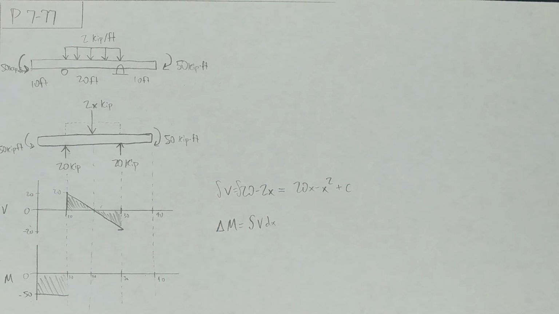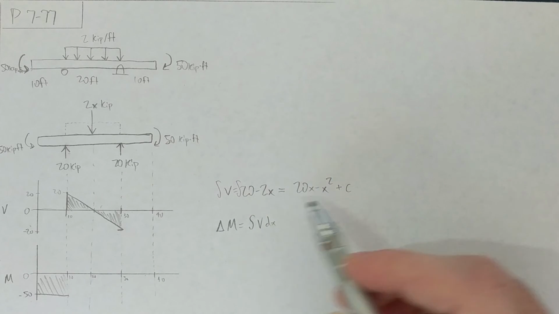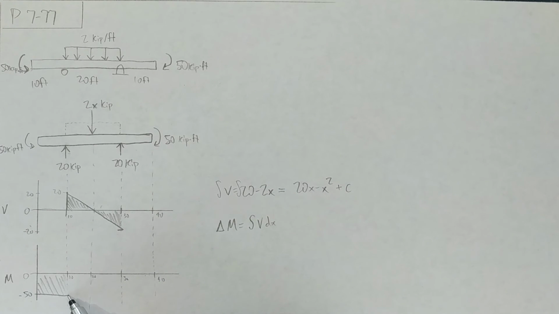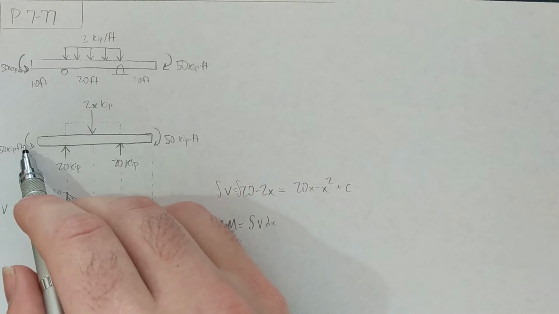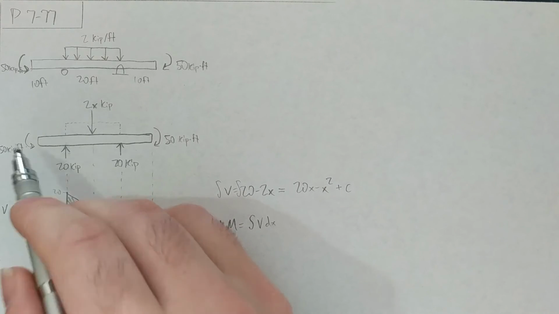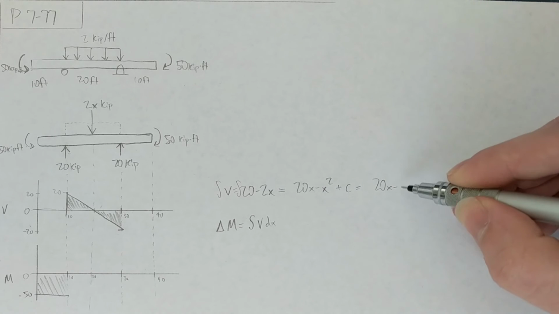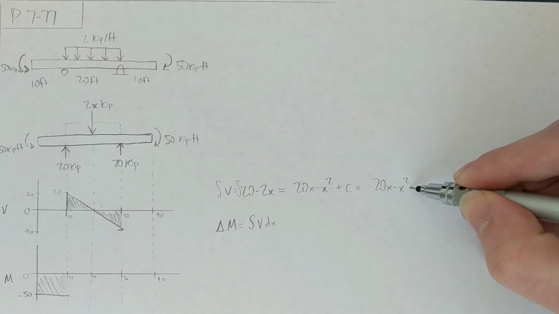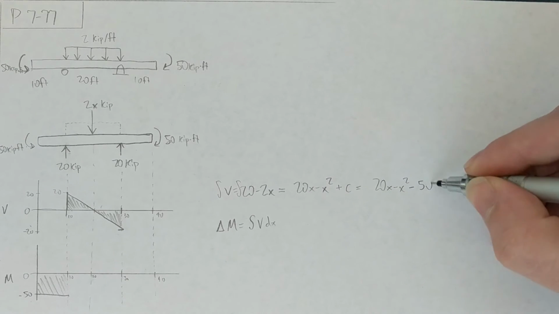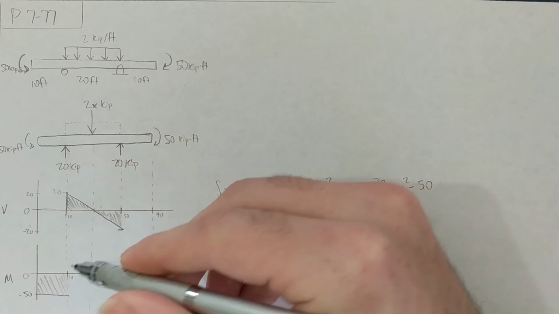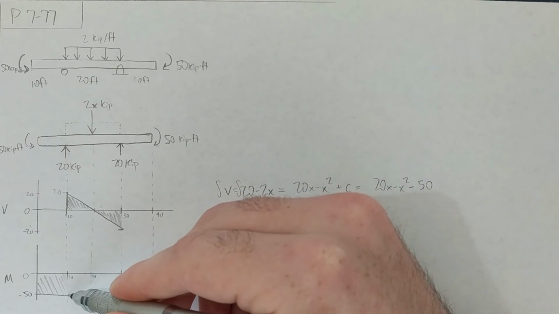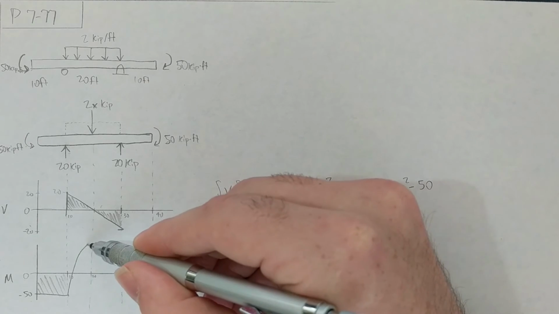And what is our plus c going to be? Sorry, we know that our constant is going to be the constant that we put at the end of the bar. So that's going to be 20x minus x squared minus 50, okay? And that ends up looking like that.